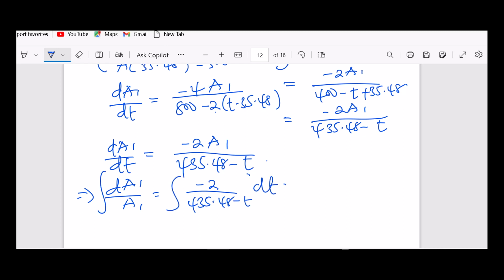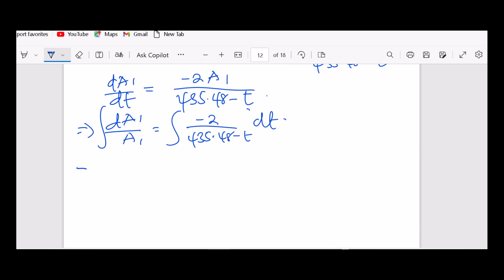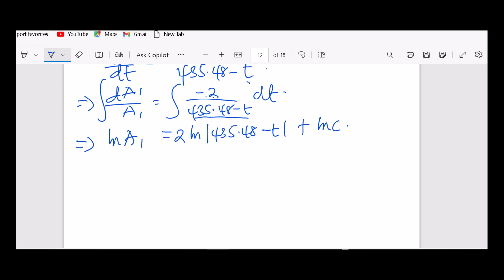If we solve, this will imply ln A1 is equal to, okay, so if we factorize these two out, we get negative 1 up here, and when we differentiate that down here, we get negative 1. So that will just be 2 ln 435.48 minus T plus, let me say ln C, that's the constant of integration.